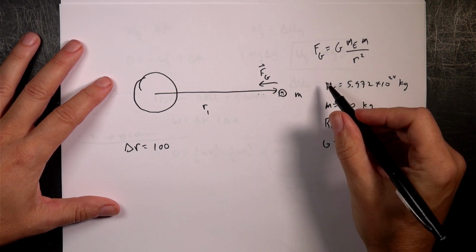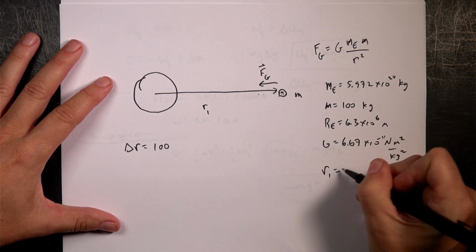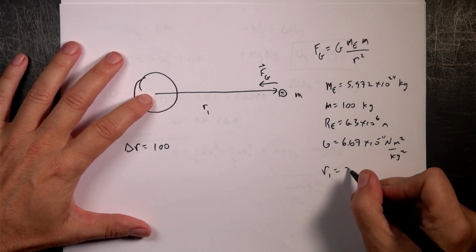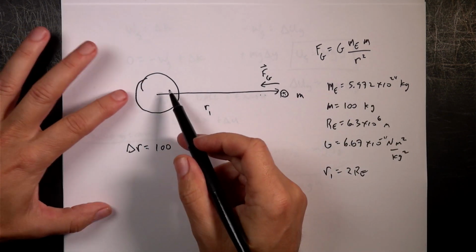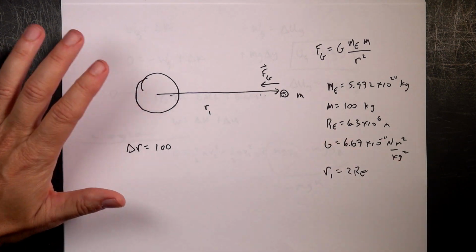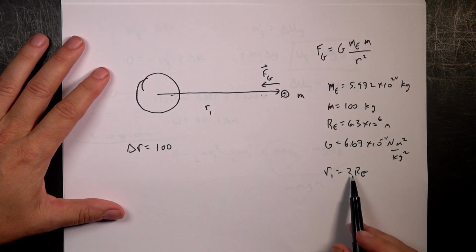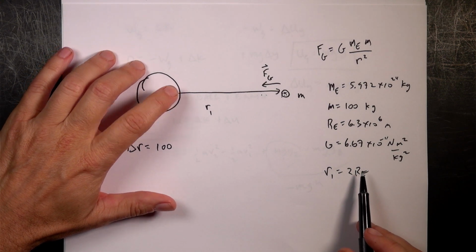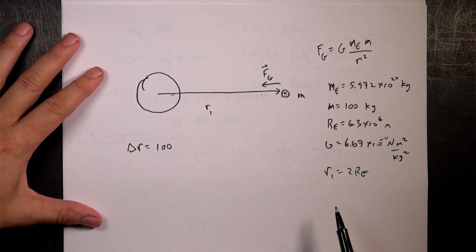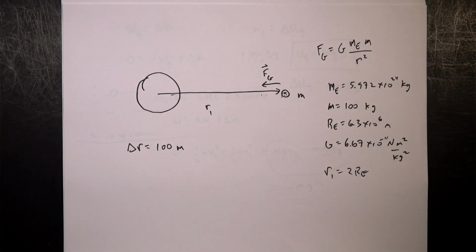Oh, I need to start r1. So r1 is going to be equal to, let's say, 2RE. It's twice the radius of the Earth. I didn't draw it that way, but that's fine. So from here to there is 6 million meters, and here to there is 6 million meters. So I'm going to break this into a distance step of 100 meters.